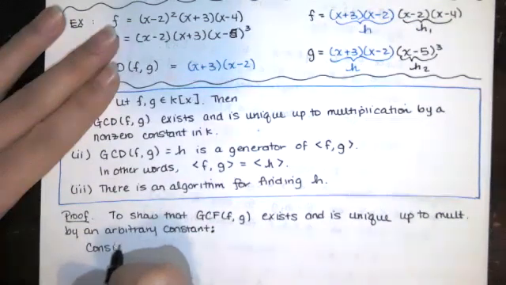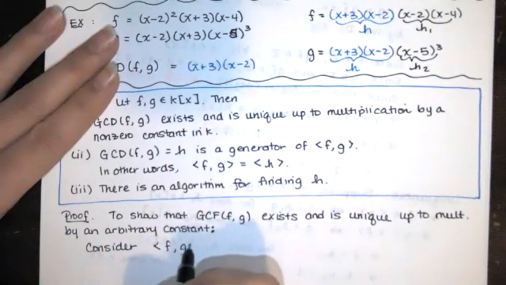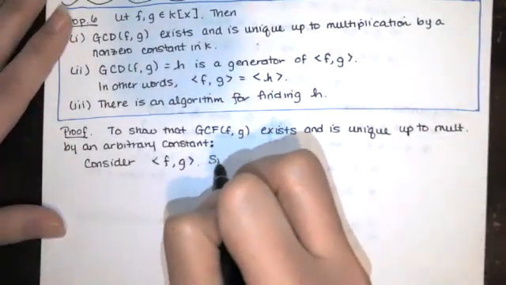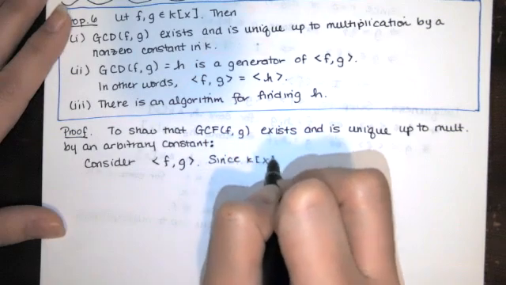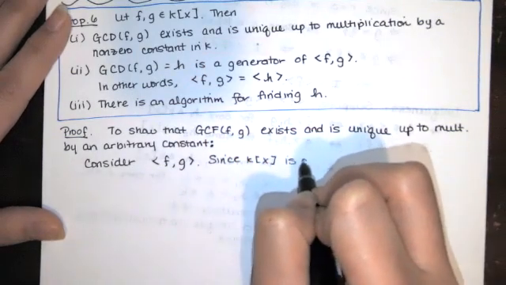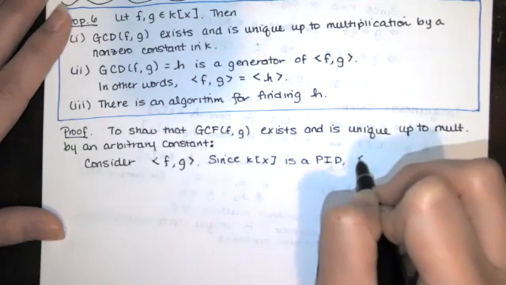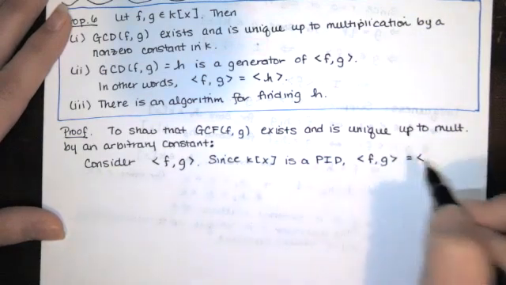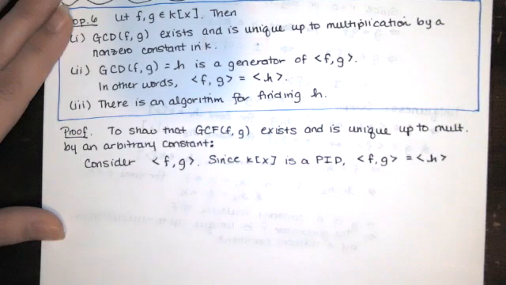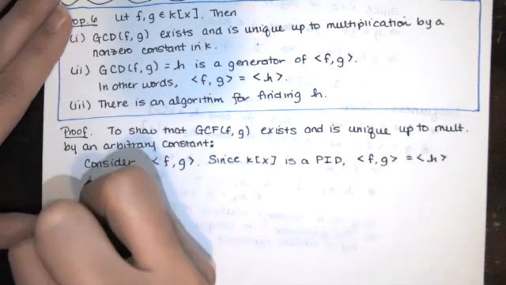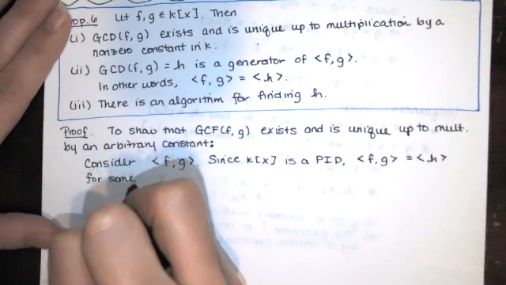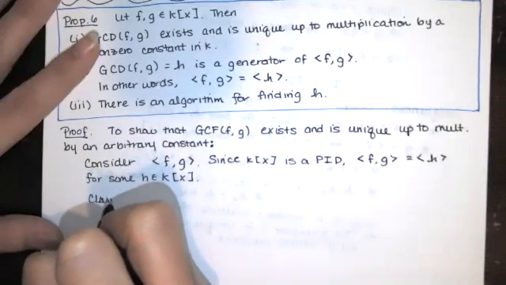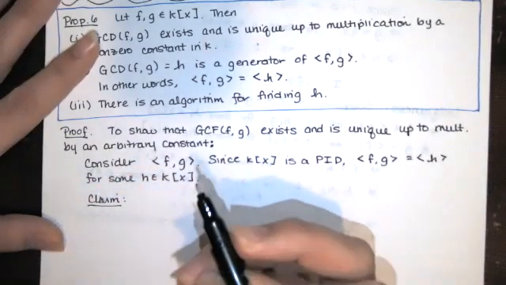Let's consider the ideal generated by the polynomials f and g. Now we've already proven that k of x is a principal ideal domain. So since we know that that's true, we know that this ideal can be written as this for some polynomial h in our ring. Our claim is that h is the GCD.